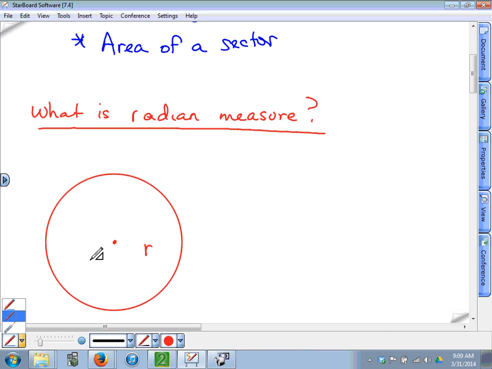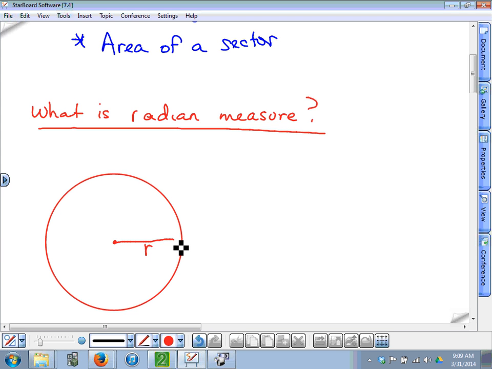Okay, so start in the middle. Look again. So you guys would agree that's one radius, correct? Yeah. Okay, now I don't know if this is gonna work, but I'm gonna try.